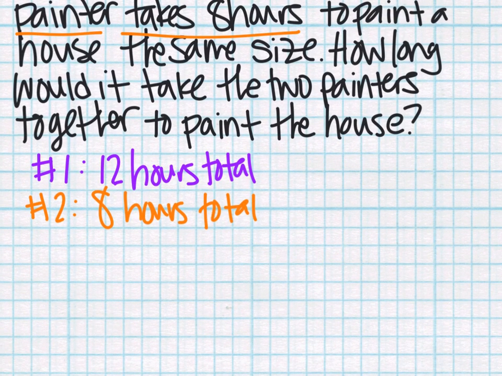So let's think, if painter number 1 can paint the whole house in 12 hours, how much of the house can he paint in 1 hour? We want to think in terms of per hour. So if he takes 12 hours total, every hour, there's 12 total of them, so in 1 hour he would paint 1/12.